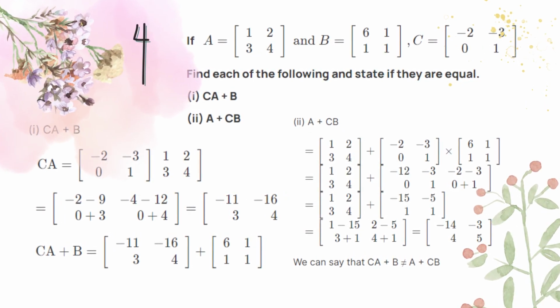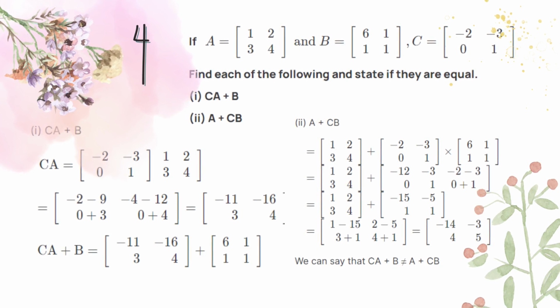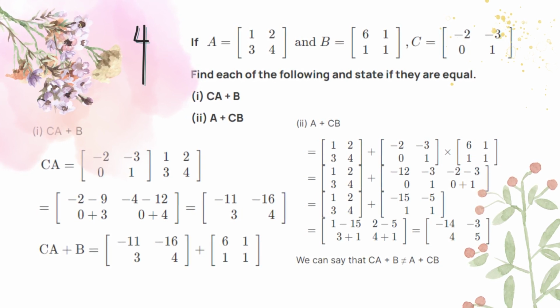If A is equal to the matrix 1, 2, 3, 4, and B is 6, 1, 1, 1, and C is -1, -2, -3, 0, 1, find each of the following and state if they're equal: CA plus B, and A plus CB.